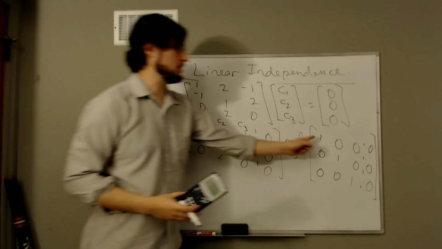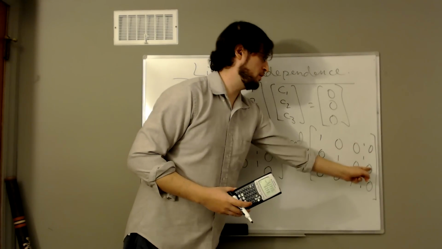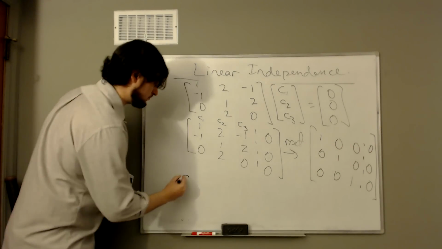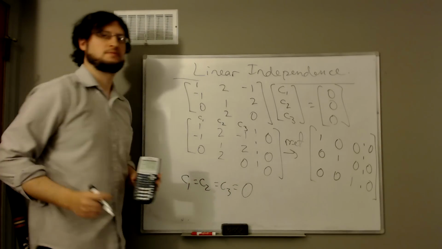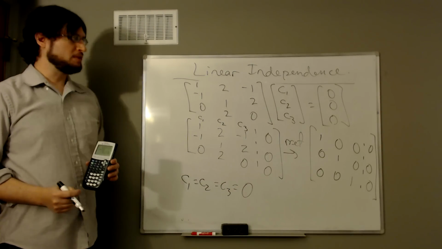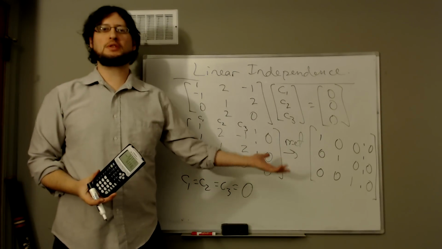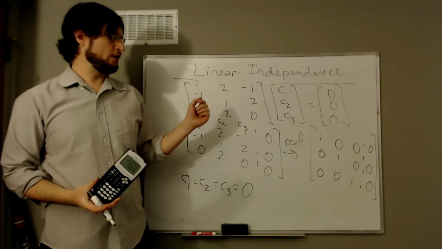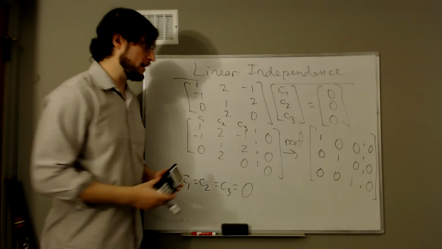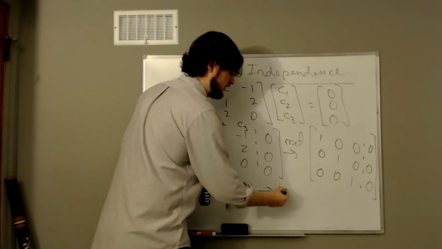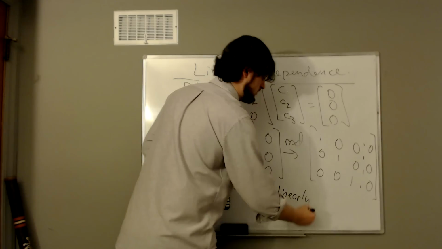And so this says that C1 is 0, C2 is 0, C3 is 0. What does that mean? That means that the original system of equations that we started with had only zeros as the solution, which was in fact our definition of linearly independent.